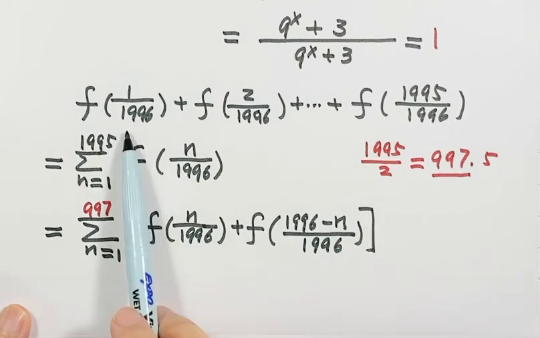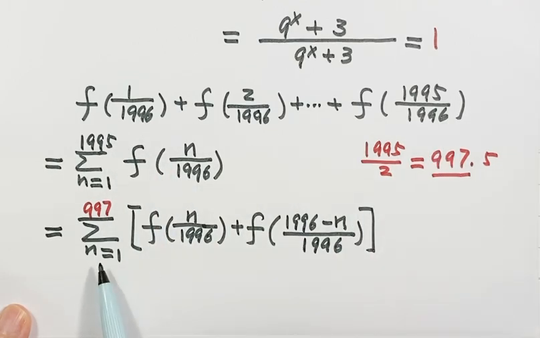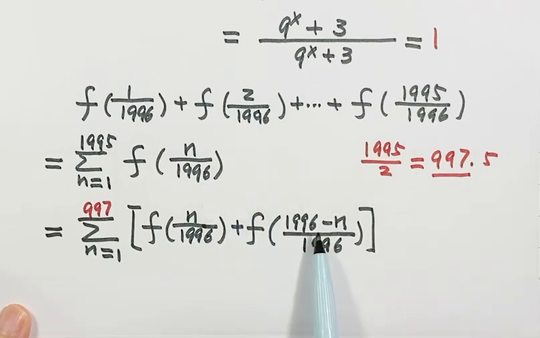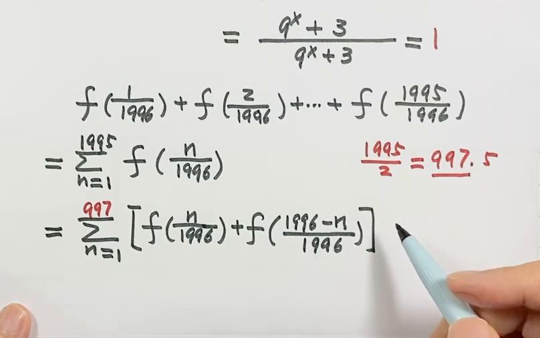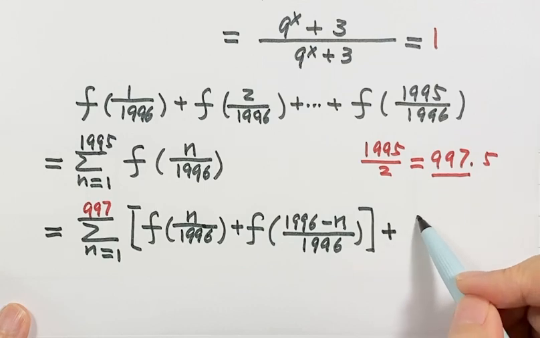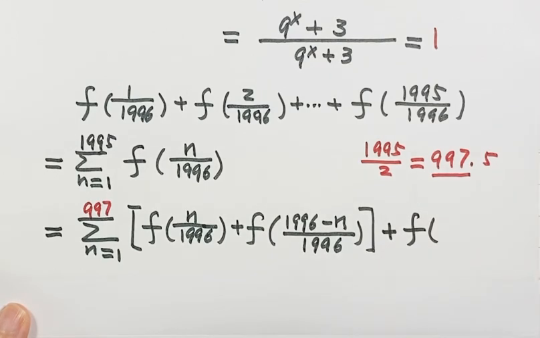So we combine the first with the last. If n is 2, that's the second term, and 1996 minus 2 is the second from last. Keep going. There is a term in the middle by itself, which is 998, divided by 1996.